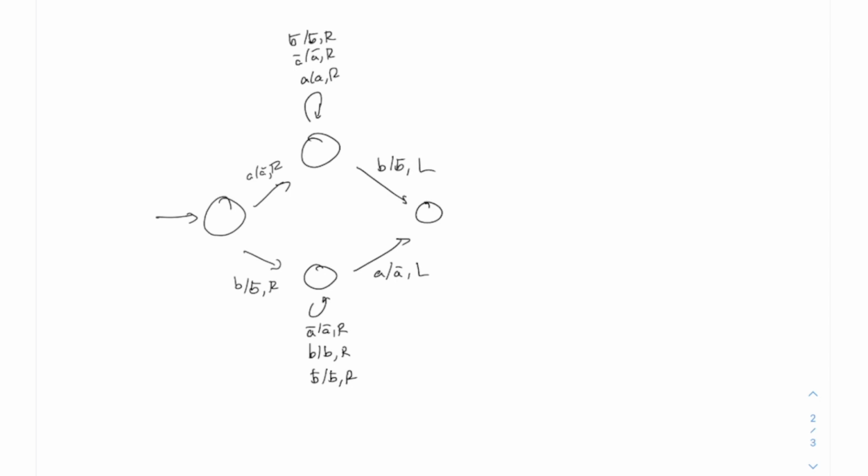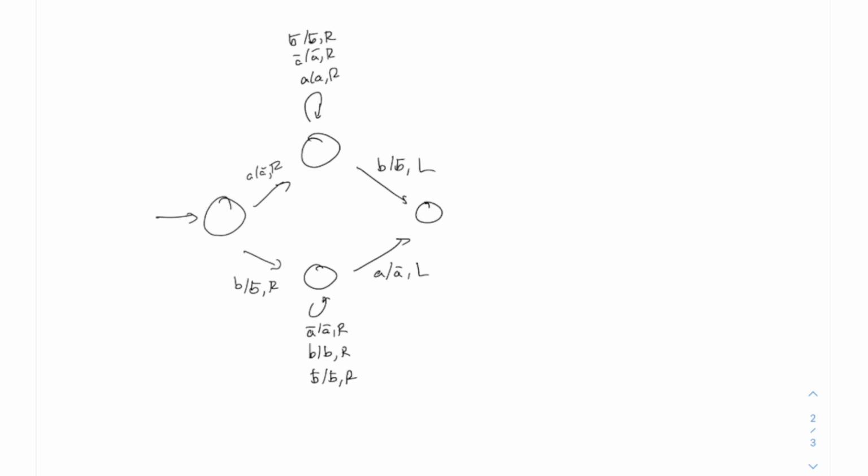I wrote sort of half, I didn't write everything yet, but from the first state, you're looking at A's and A bar. If you see an A, you mark it. If you see a B, you mark it, and these are my two parallel tracks. If you had marked an A at the beginning, I have to move to the right until I see a little b. That means you may have to move through other unmarked A's or marked A's or marked B's. But eventually you will find a B, hopefully, if the language is actually accepted. And then you mark it.